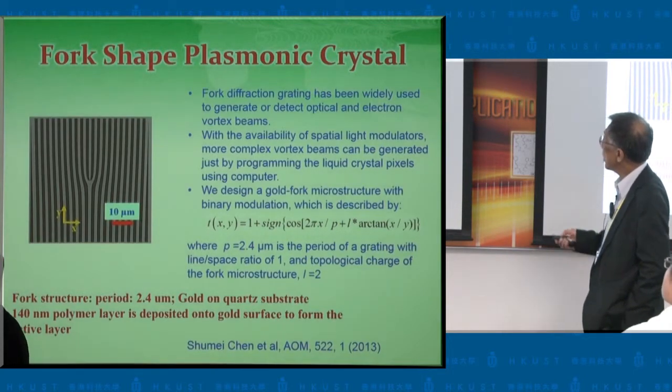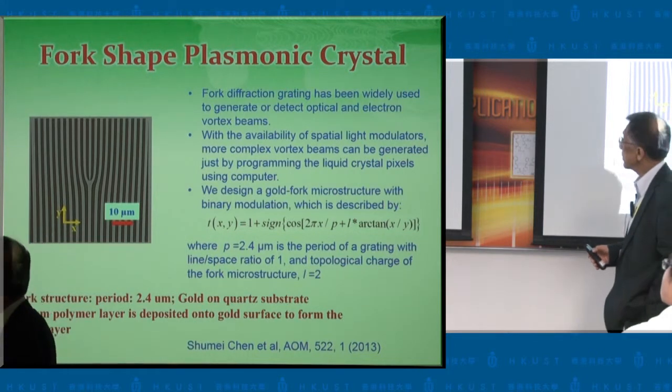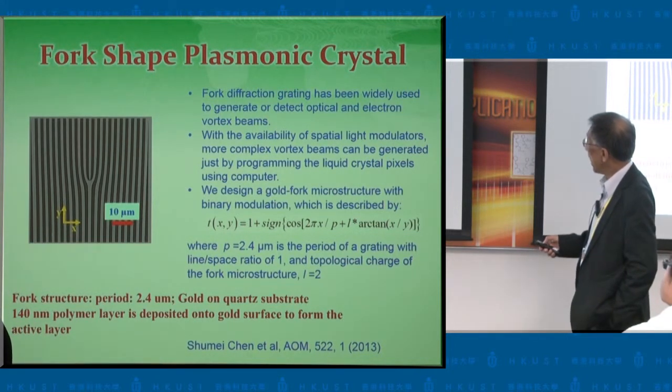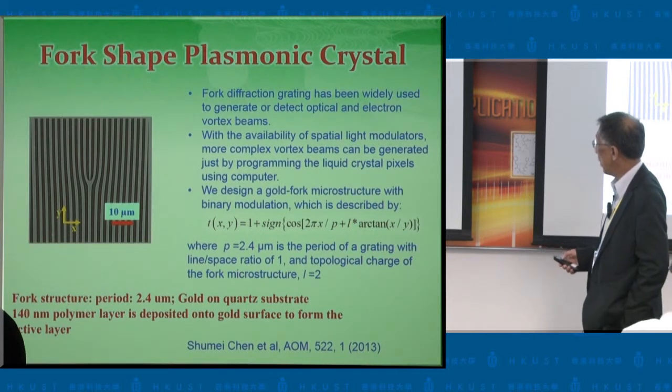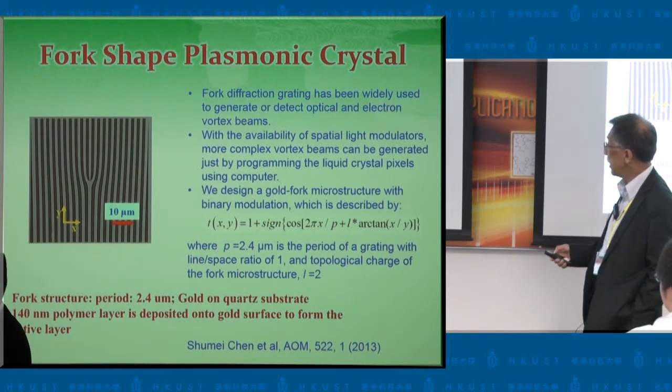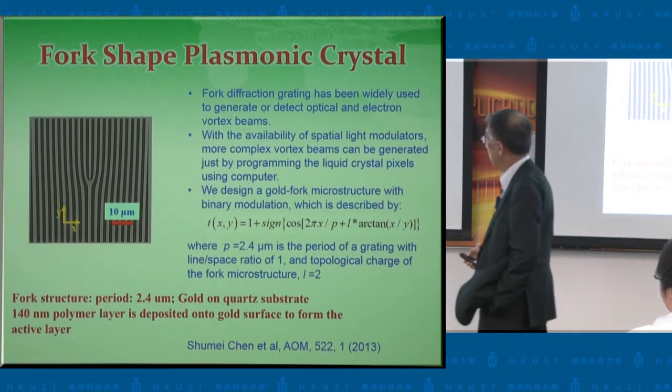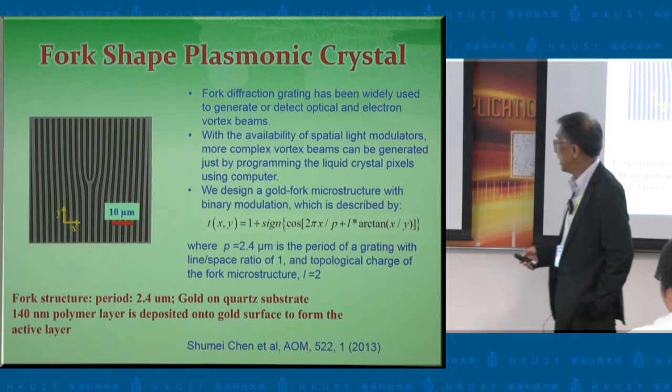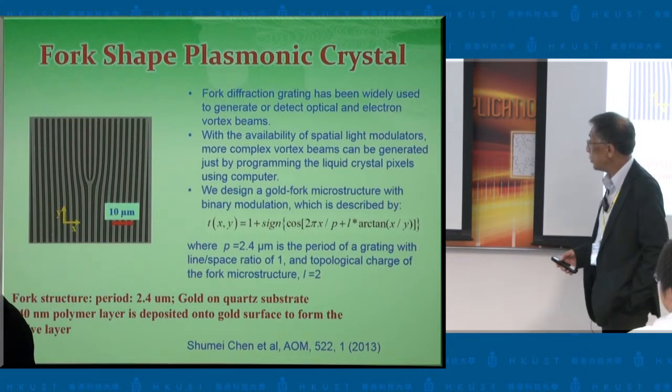So this is the structure, and the way we design the structure, the fork structure, is based on this equation here. You could see the periodicity is 2.4 micron, the line and space ratio is 1, and this structure will carry a topological charge of 2.